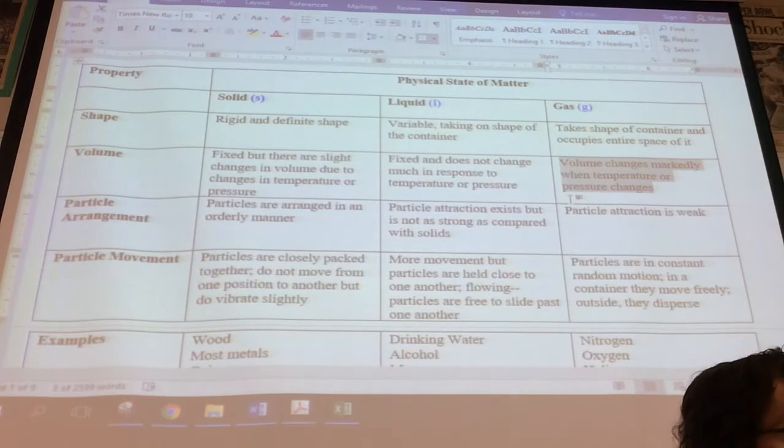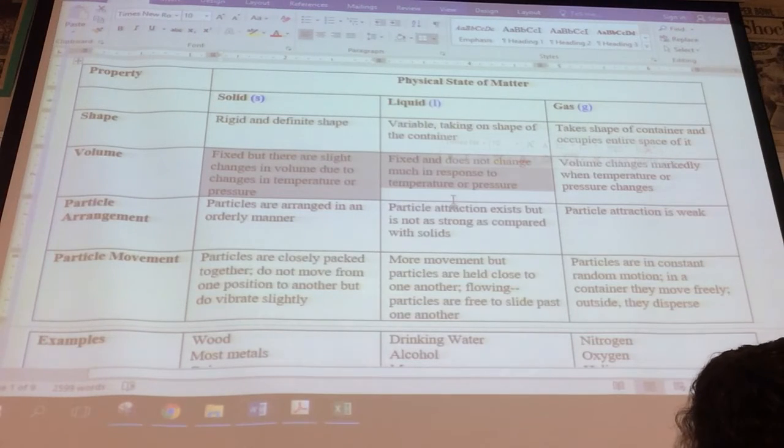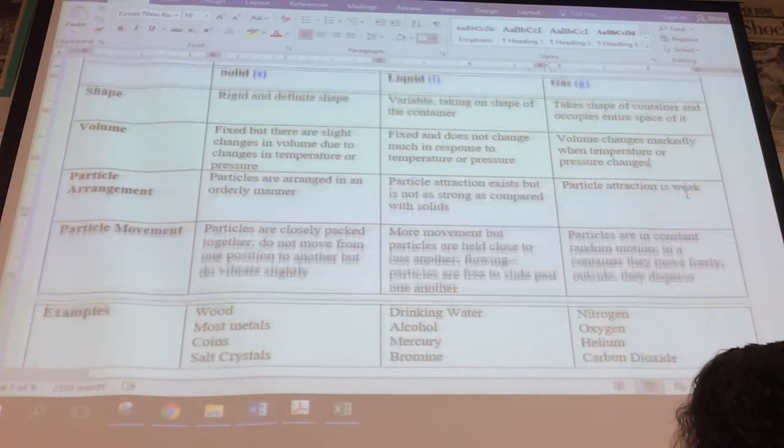That is, if you increase the pressure, the volume's going to decrease, and that's what happens with bubble wrap, and we'll talk about that more in the third 9 weeks. I certainly don't want to overwhelm you at this point. You won't really see changes in volume for solids and liquids when you alter temperature or pressure, but you do see it with the gases.